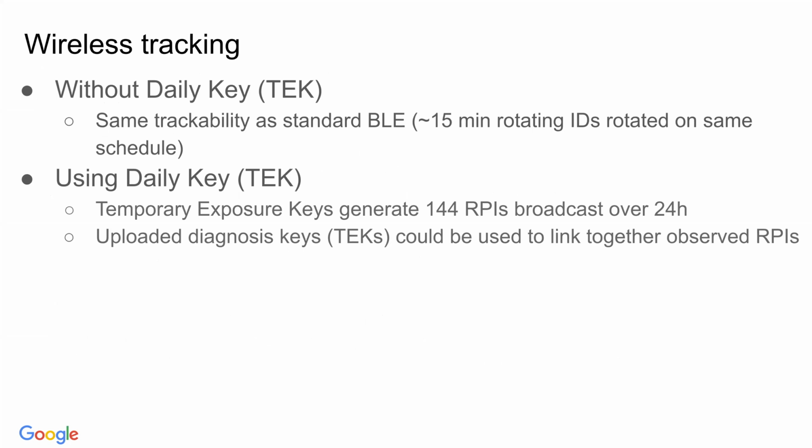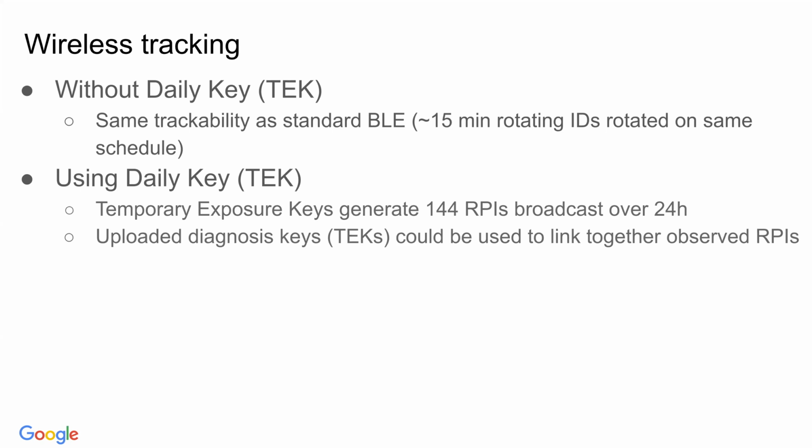All right, the last set of risks that I wanted to talk about is wireless tracking risks, using the BLE RPI and the BLE MAC address to track the user's location. There are two flavors of this.